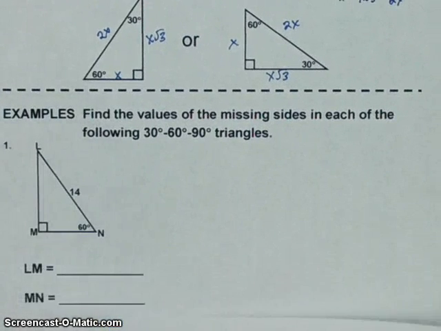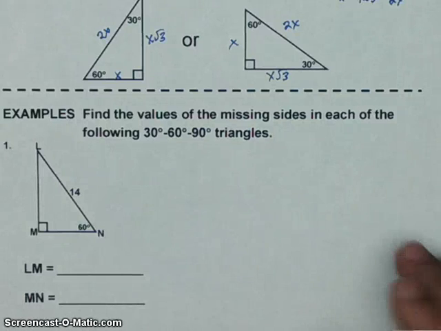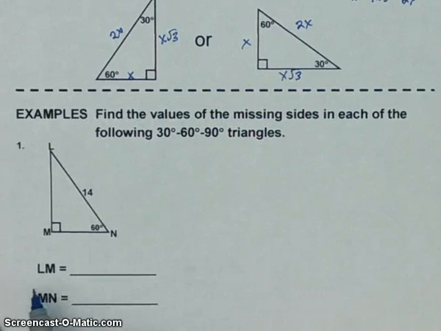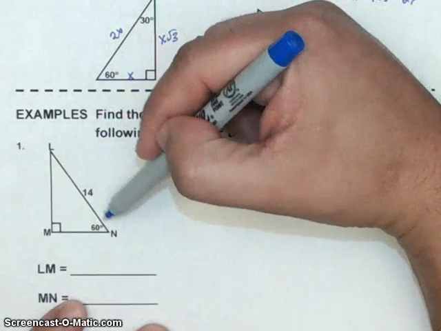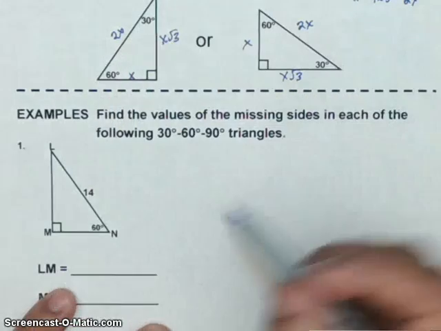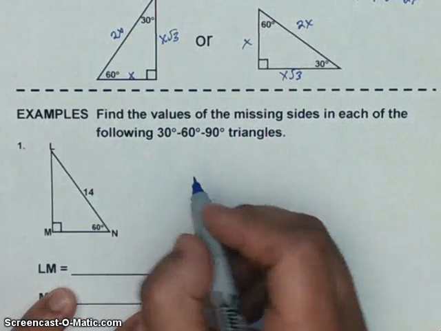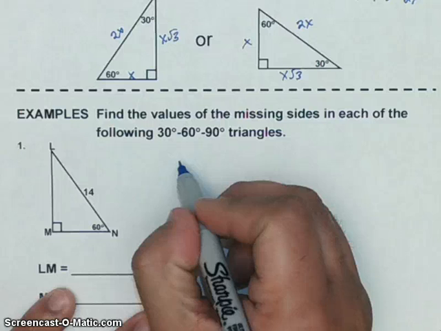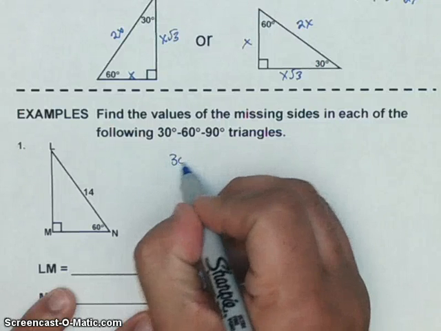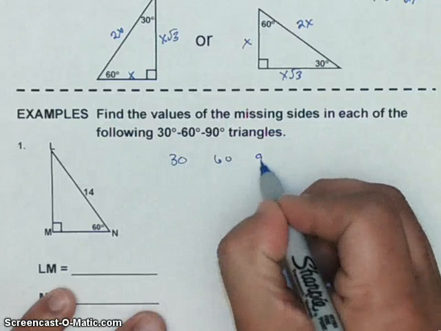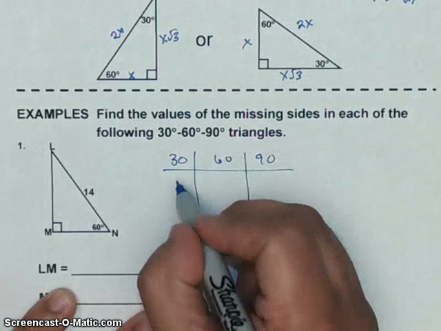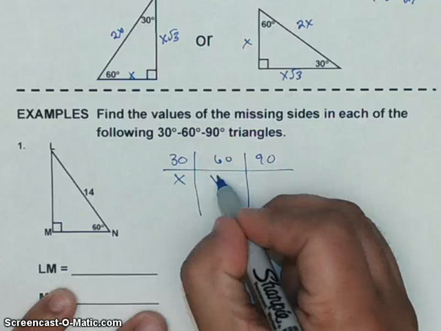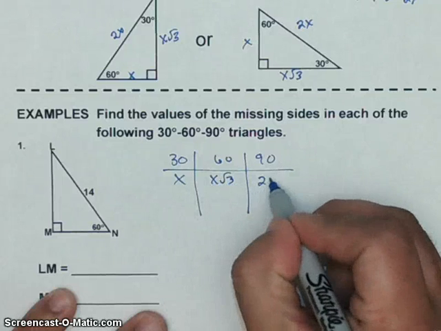Right, so let's look at this example here, and we're going to find the length of LM and the length of MN. The only thing they gave us was the hypotenuse, LN. Let's go ahead and make a table here. I know this is x, x square root of 3, and this is 2x.